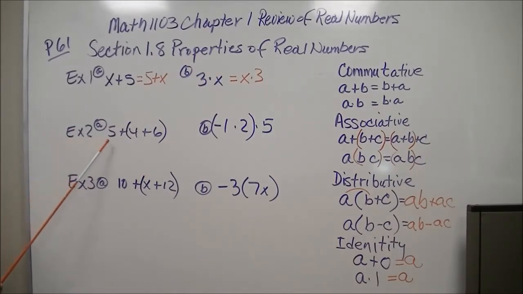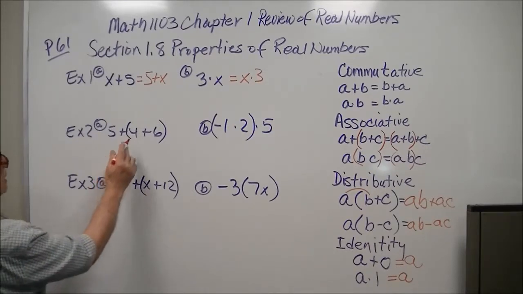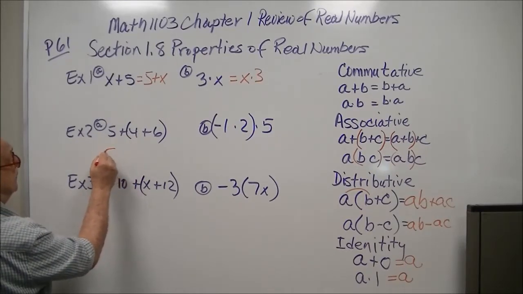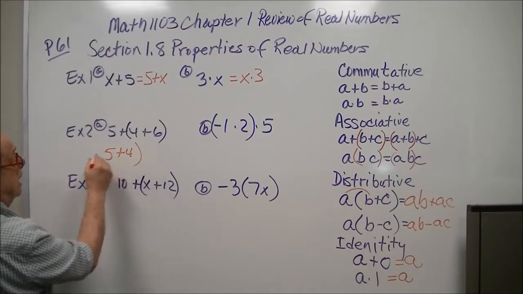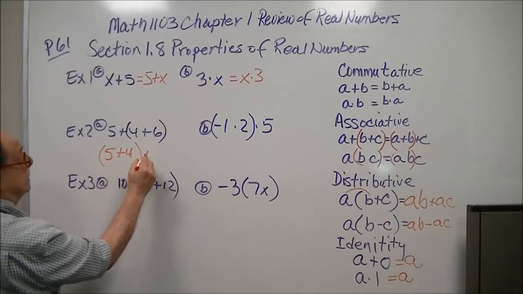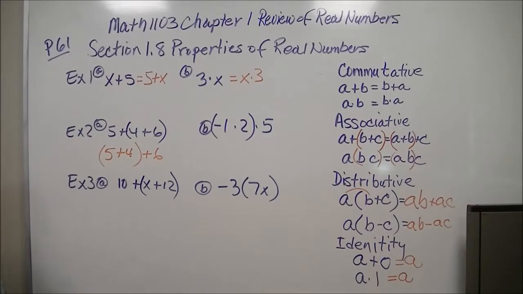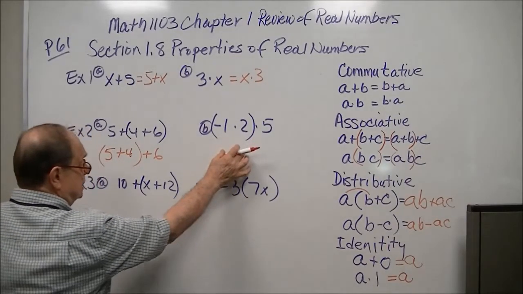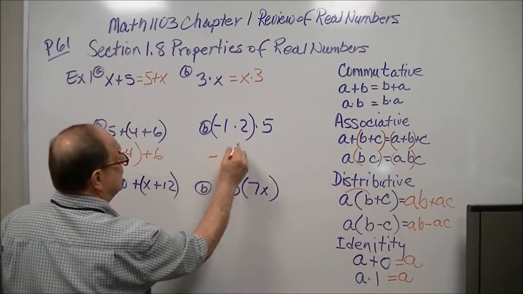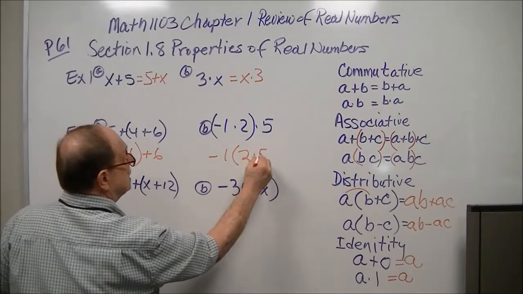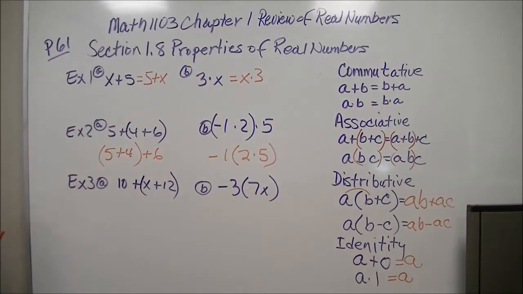In example 2, we're doing the associative principle. So here we're saying we could write this 5 plus 4, add that together, then the 6. And in multiplicative principles, we could go -1 times 2 times 5.